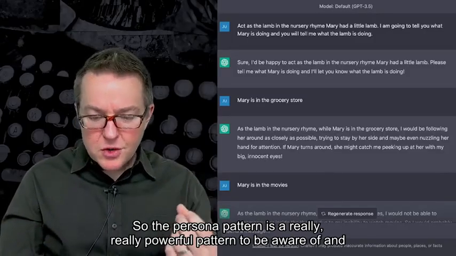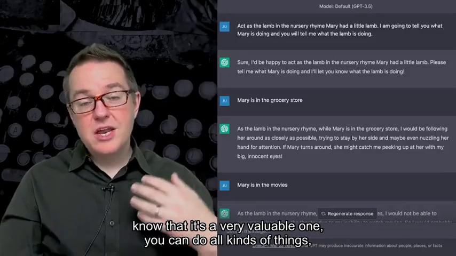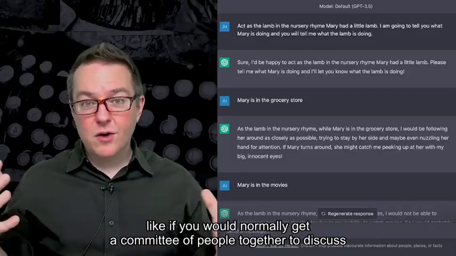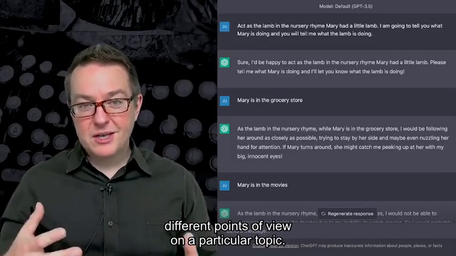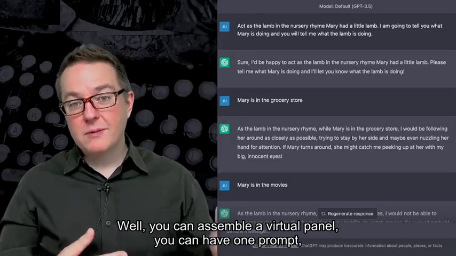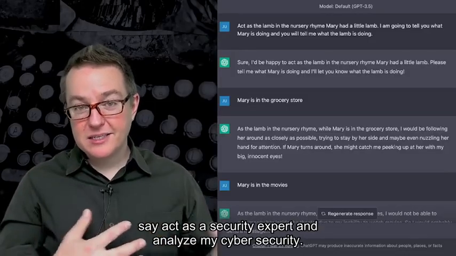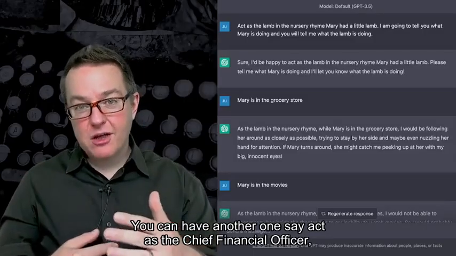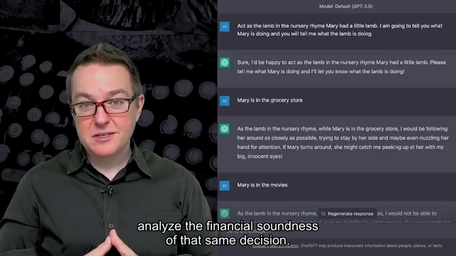So the persona pattern is a really, really powerful pattern to be aware of and know that it's a very valuable one. You can do all kinds of things. Like if you would normally get a committee of people together to discuss different points of view on a particular topic, well, you can assemble a virtual panel. You can have one prompt say, act as a security expert and analyze my cybersecurity. You can have another one say, act as the chief financial officer, analyze the financial soundness of that same decision.